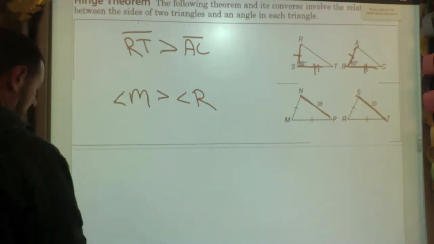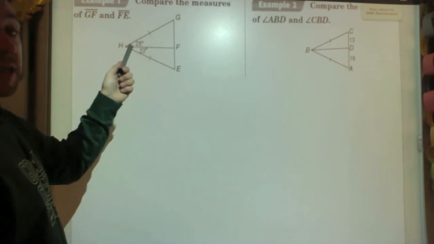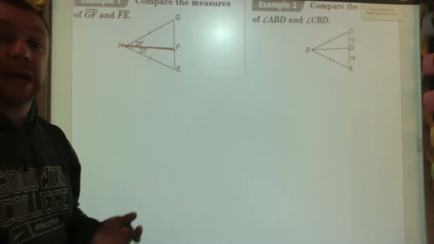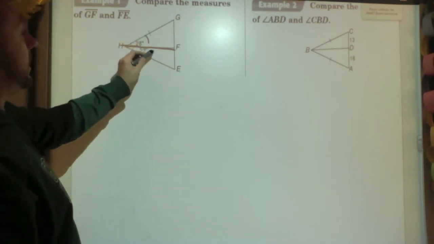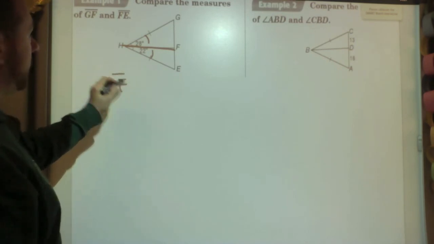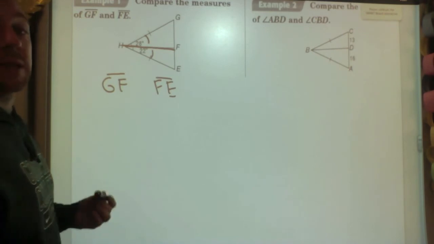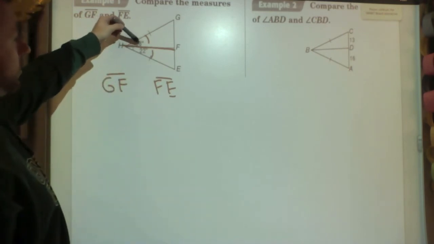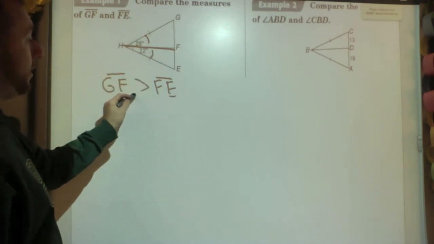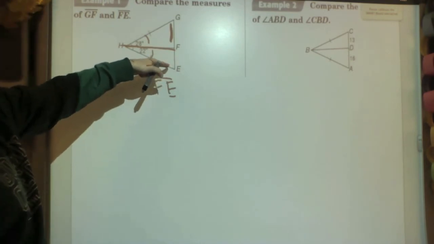The hardest thing here is when they overlap like this. But again, all you're doing is looking at the angles. So how does GF compare to FE? Which one has the bigger angle? This one's 28, this one's 22, so GF is bigger than FE.